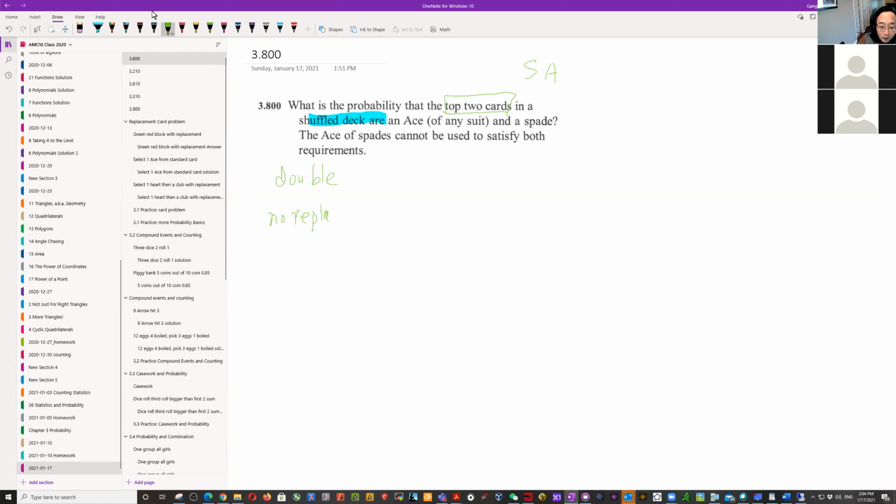So it's fairly clear that we can do it ordered. This is an ordered tuple, and each card has a shape combination like heart 2 and diamond 7. So it's going to be 52 permute 2. That's the denominator.